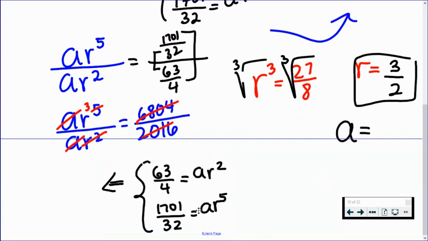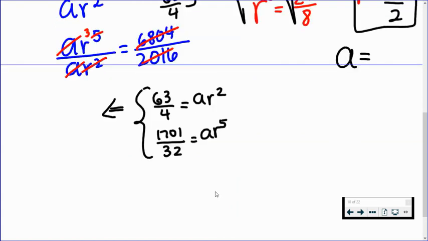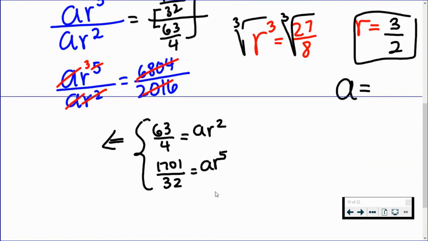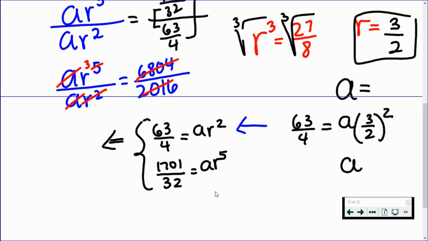In this case, I'm going to take the smallest equation and plug it in. So I'm going to take this to find A by using substitution, and I'm going to solve for A. In this case, my A value is going to be 7.